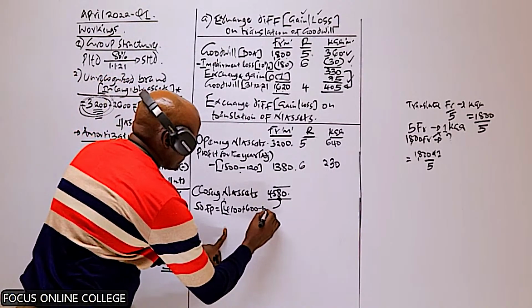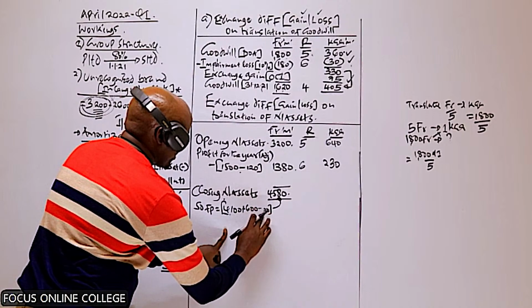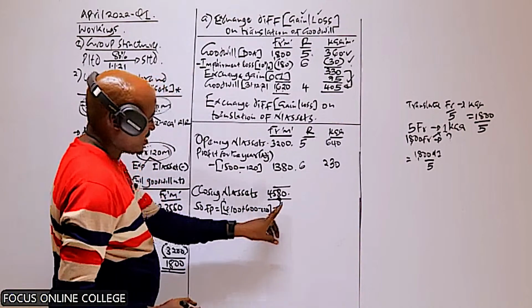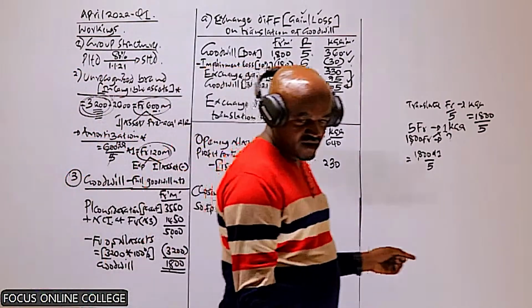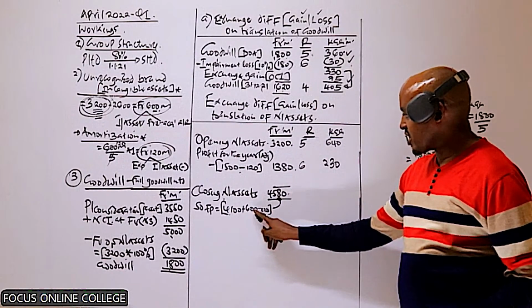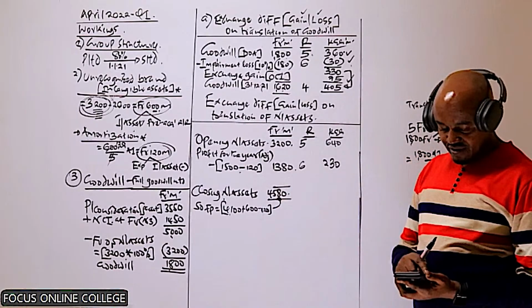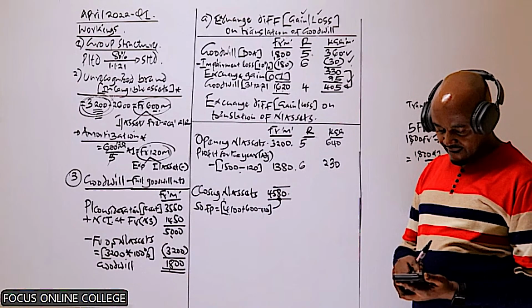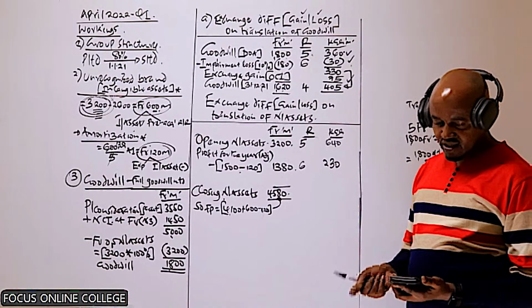Was it accounted for? No. So that 120 should be deducted from that value there, and if you work that out, it should give us this value. So the reason why those two figures are not reconciling is because our company had not accounted for those two items. If you work that out, is it now reconciling? Yes, it is reconciling.